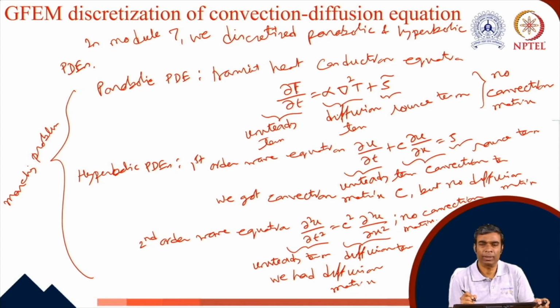module. In today's class, we shall begin with the convection diffusion equation, where the convection and diffusion, both terms are present in the governing equation's strong form, and because of that, we shall have both the convection and the diffusion matrix.